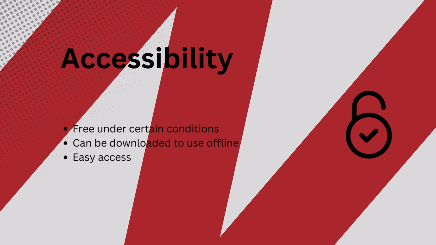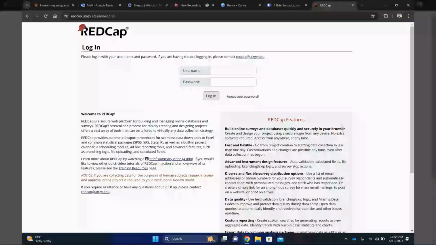And so then another thing, after all that, I just wanted to show you how to actually access REDCap. So now that I've gone over what REDCap is very briefly, I also wanted to just briefly show you how to access REDCap and its features, right? So if you are an employee or a student at an educational institution, you might already have an account and you just don't know it.